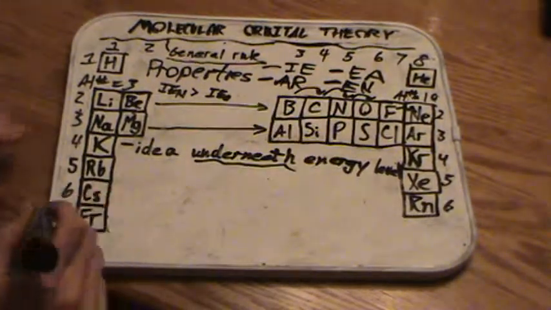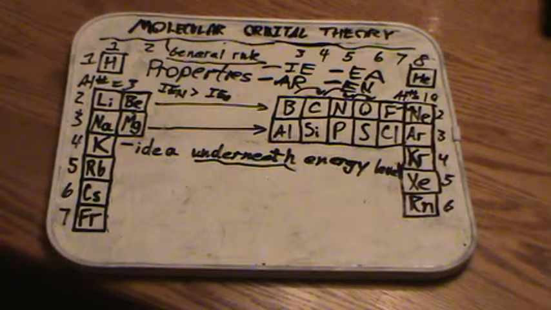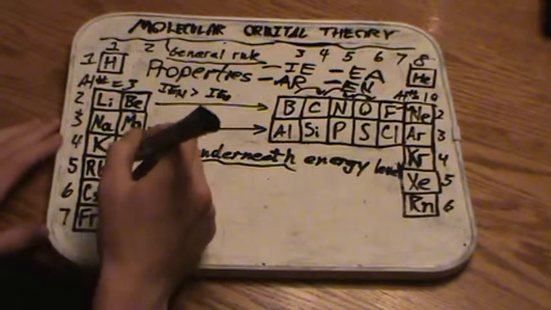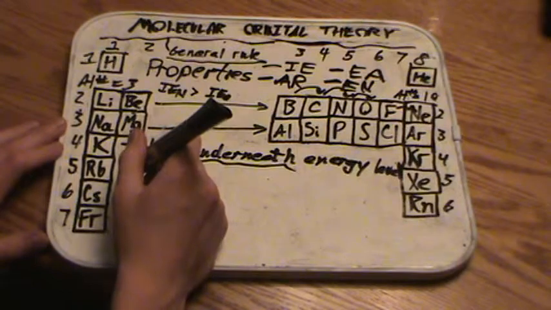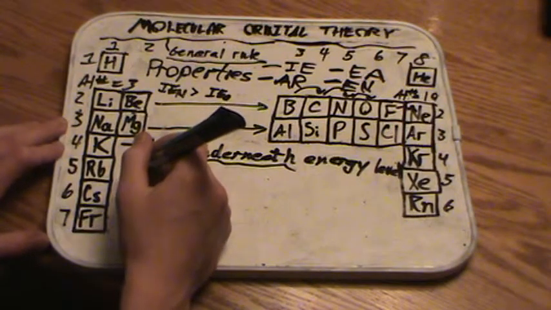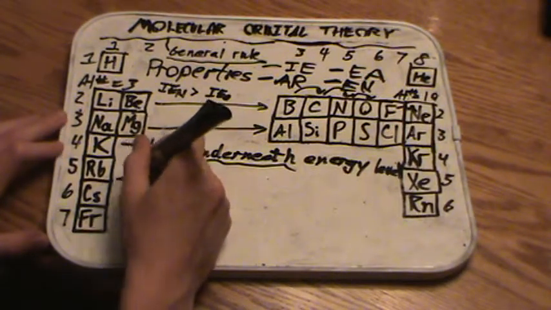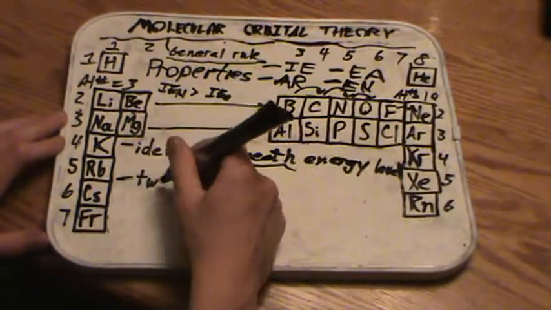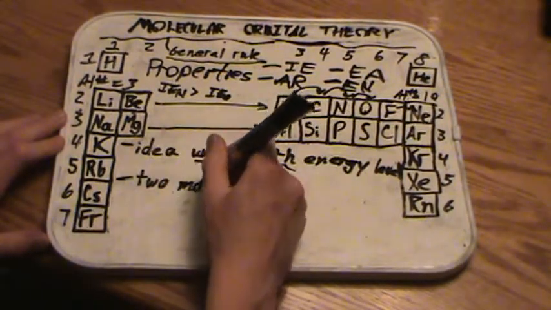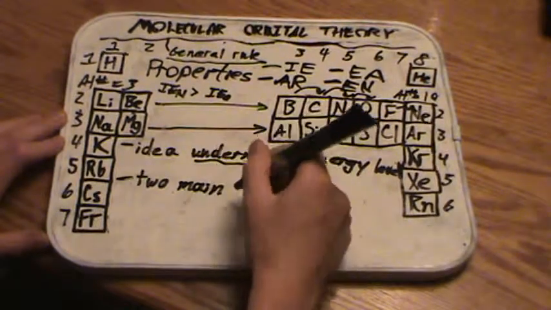Okay, so just throwing this out there right off the bat, because there's no easier way to introduce it than to say that there are two main types of orbitals. They are variables, but that's not what I meant.